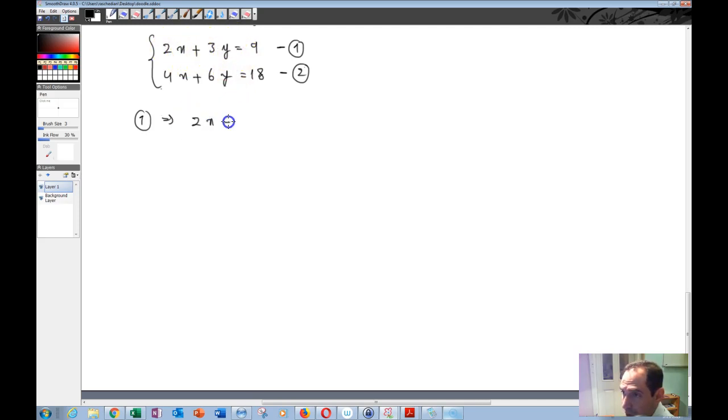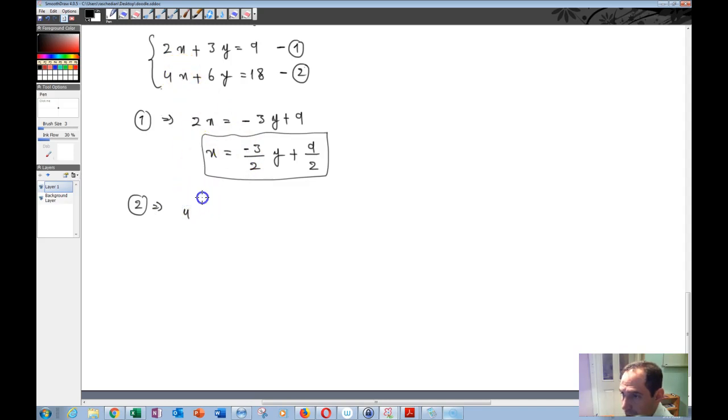So I write 2x is equal to negative 3y plus 9, and then x is equal to negative 3 half y plus 9 divided by 2, and that's the value of x here. So now I take 2 and substitute x in 2.